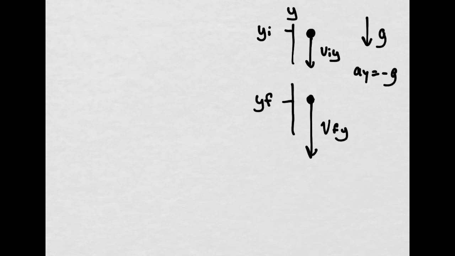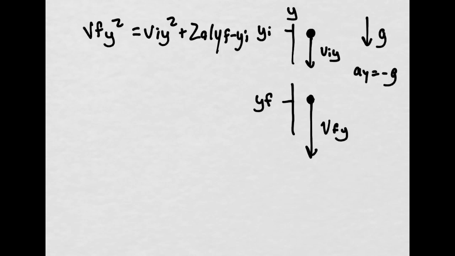Using our key kinematic equations from before, Vf y squared is equal to Vi y squared plus 2a times yf minus yi. I'm now going to plug things in and algebraically rearrange this equation.